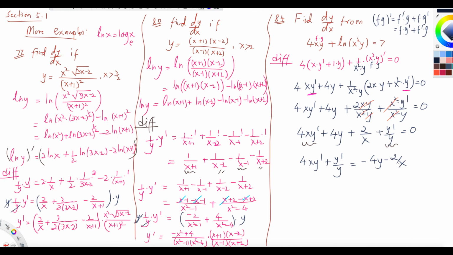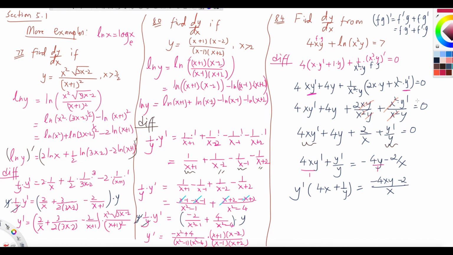If you want to, you can write the same denominator, because there is 1 in the denominator there. But first of all, I want to take y prime out. Okay, guys? So take y prime out, you get 4x plus 1 over y. And then write down x in the denominator, you will get negative 4xy minus 2, right? That's what you get when you make the same denominator there.